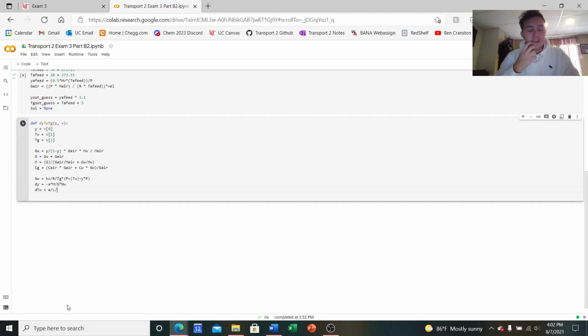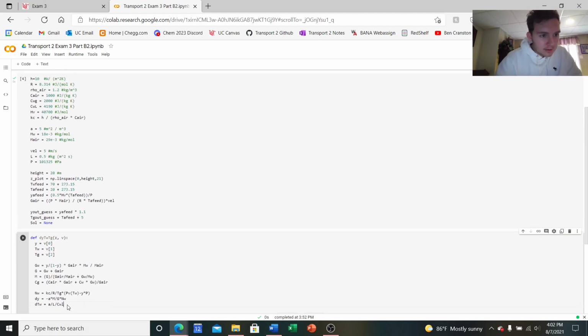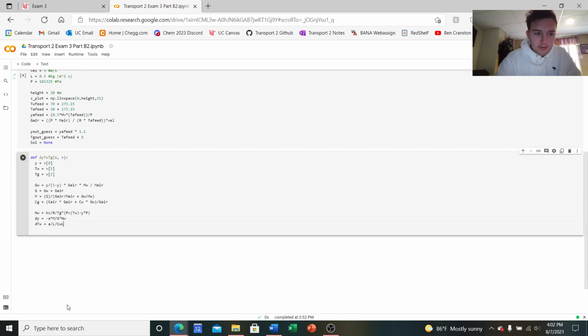So that's going to be divided by the liquid flow rate, capital L. I knew it was wrong somewhere. Multiplied by, divided by the heat capacity of the liquid water phase.